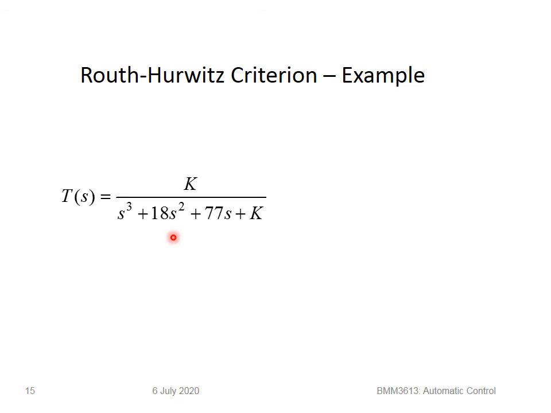The usage of it becomes more evident when we have a certain unknown in our transfer function, right? Because if we have an unknown, for example here we have a k in our transfer function, identifying the exact position of the poles is not relevant anymore.